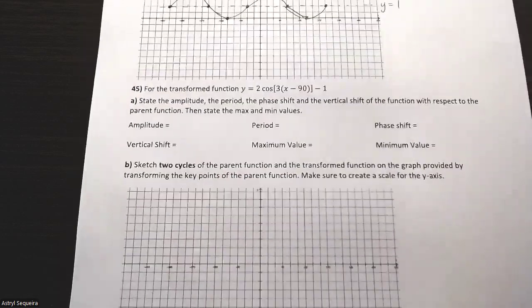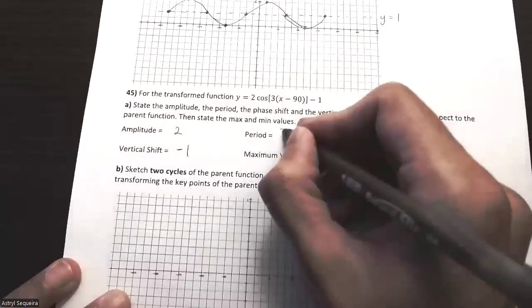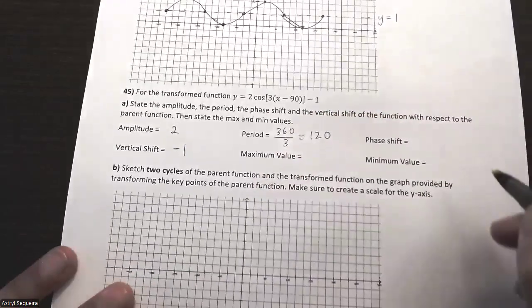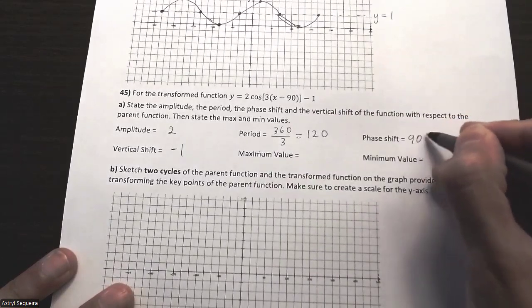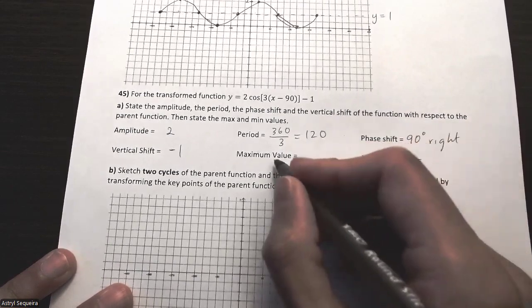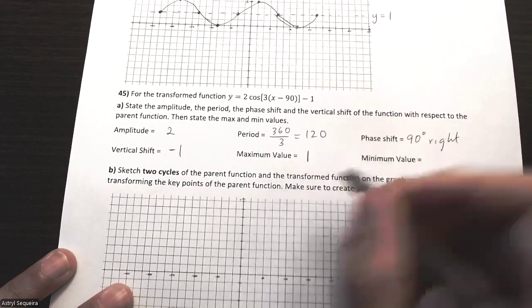Let's try it for the second one, which is a positive cosine function. So amplitude is 2, vertical shift is -1. K value is 3, so period is 360 divided by 3, which is 120. Phase shift is 90 degrees right. Maximum is axis plus amplitude, so -1 plus 2 is 1.